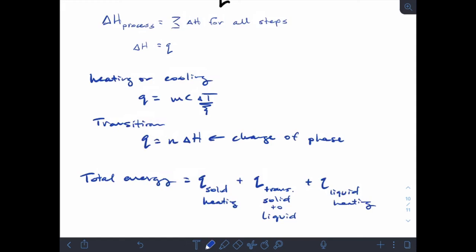Okay, so if you were taking, for example, a block of ice at minus 25 degrees C, and you wanted to find out how much energy it would take to transform that block of ice into some quantity of water at 50 degrees C, you would calculate Q for each step along the way, heating the solid, transition to liquid, and then heating the liquid.